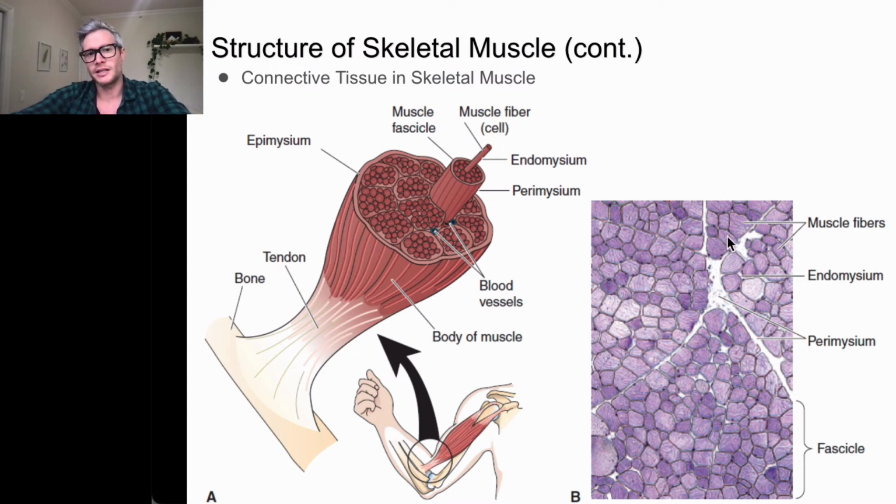If you were to look at this muscle cross-section under a microscope, you would see something like this, okay? And so you can see the different compartments, the little muscle fibers in there, the endomysium wrapping around each of the muscle fibers, the perimysium keeping the larger bundles of muscle fibers together, and then we have our whole fascicular layer. Okay.